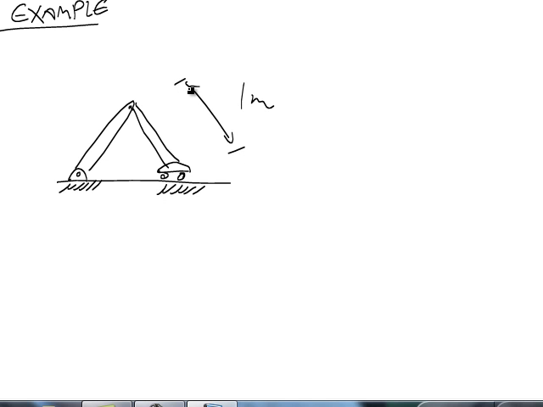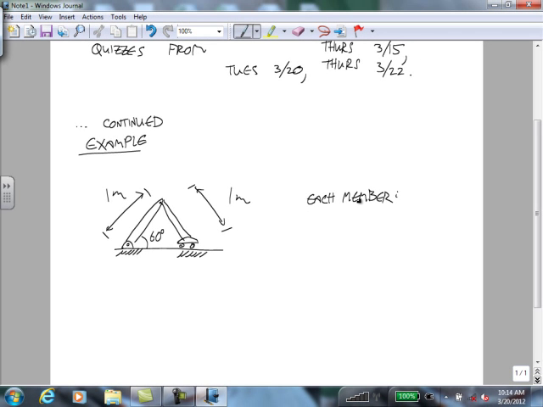All the lengths were 1 meter long, and the members each had a mass of 10 kilograms.